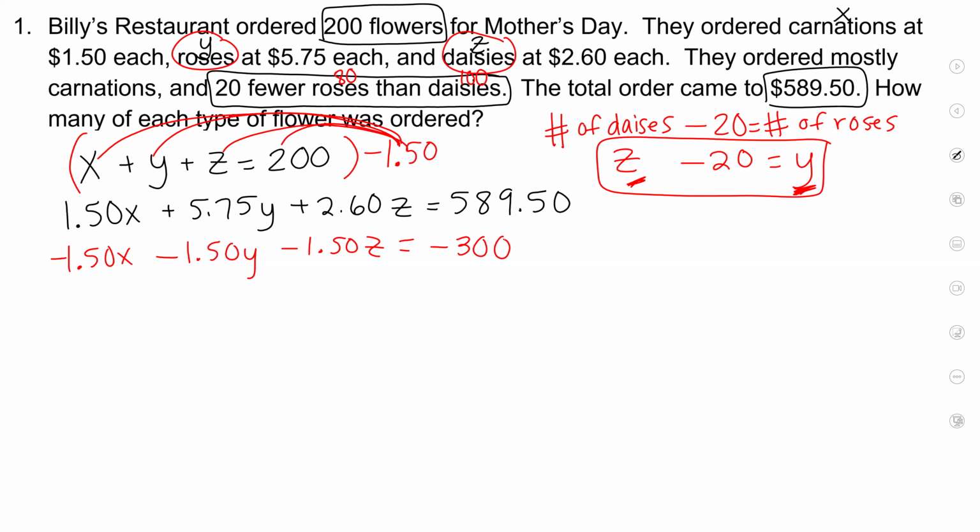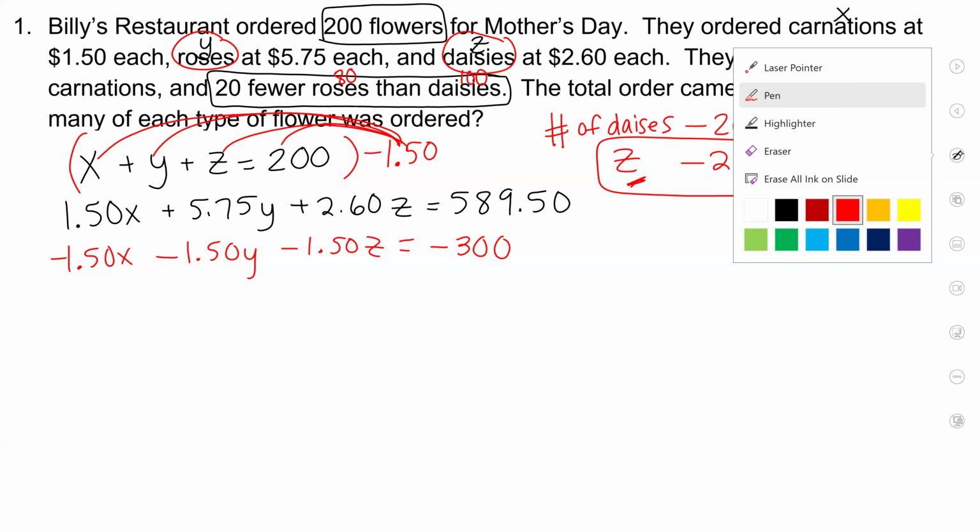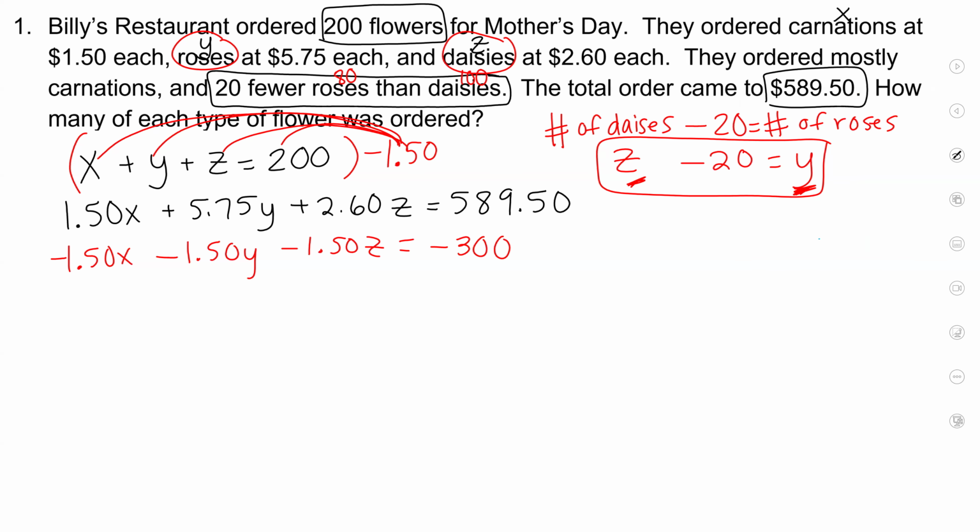Okay, now look, guys, I'm going to cancel these out. And you can put this in your calculator. This is what you're going to type into your calculator if you're using one. 5.75 minus 1.50. Please tell me what you get. Thank you. 4.25. Y is what you get.